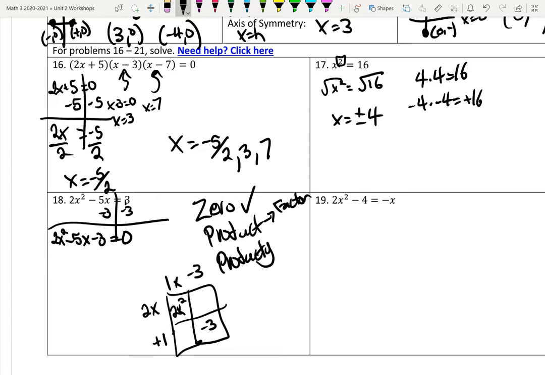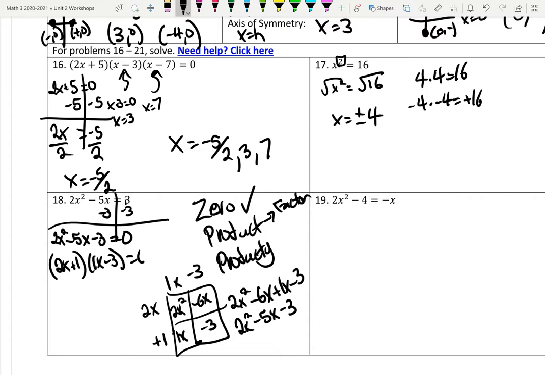X times x is x squared. This has a specific combination because it's going to give me 2x squared minus 6x plus 1x minus 3, and I can get to the finish line seeing, yes, this is the factored version: 2x plus 1 times 1x minus 3 equals 0.